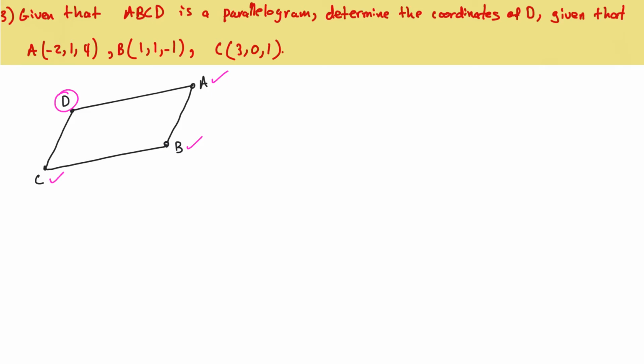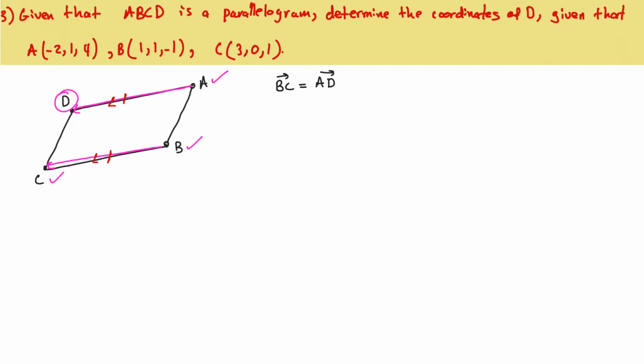One way to do it is we know that vector BC, this one over here, is going to equal vector AD, and that is because in a parallelogram, the opposite sides are equal in size and they're also parallel, meaning that their direction is the same and their magnitude is the same, which is what two equivalent vectors are. So we are going to use that concept and say that vector BC is going to equal vector AD.